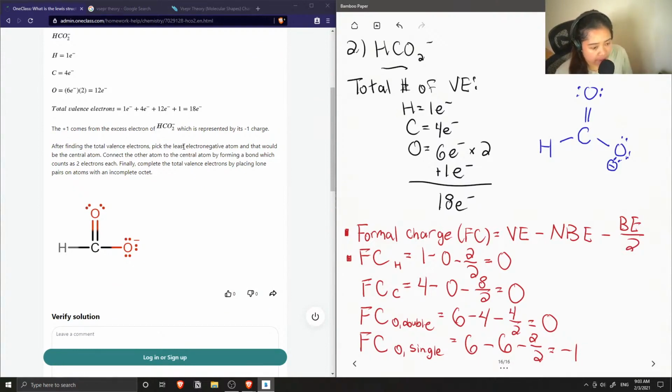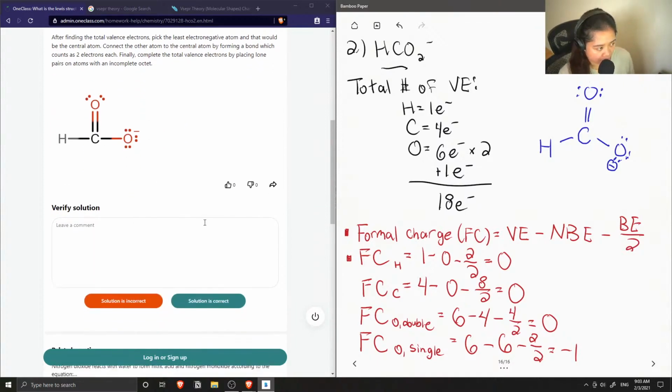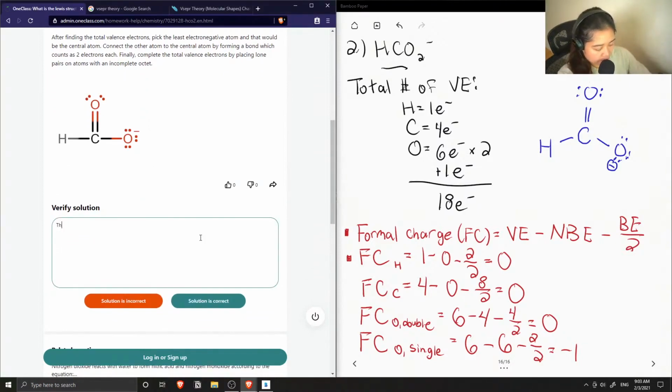So carbon was chosen over hydrogen because it's able to form multiple bonds. Then connect the other atoms to the central atom by forming bonds, which count as 2 electrons each. Finally, complete the total valence electrons by placing lone pairs on atoms with an incomplete octet. Okay, so this solution is correct.